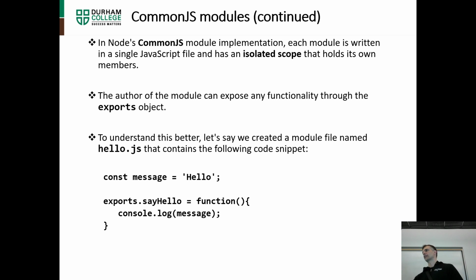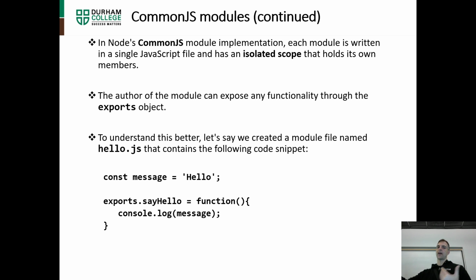I'm attaching a reference to the function to exports. Remember, there are two ways of writing functions we talked about. One is named functions: function say hello, brackets, and then curly braces. Or we can write it like this: let say hello equal to an anonymous function. All right, so let's take that one step further.